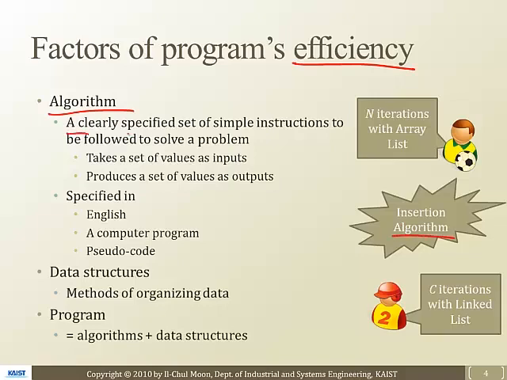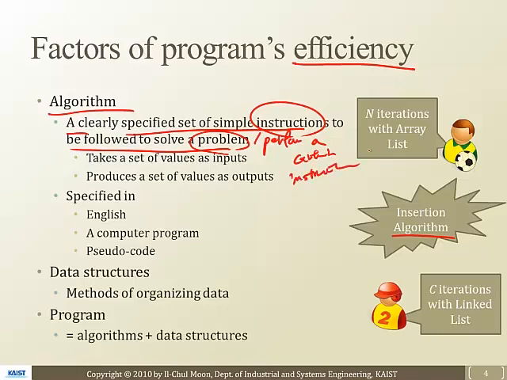An algorithm is a clearly specified set of instructions to be followed to solve a certain problem or perform a certain task. To perform a certain insertion operation, we have step-by-step instructions, and together as a collective we are going to call it an algorithm.